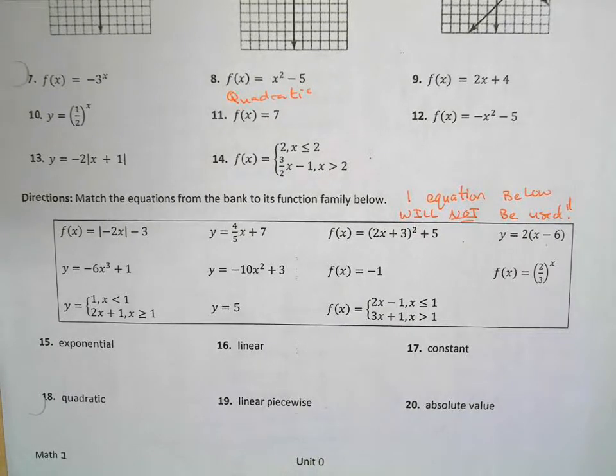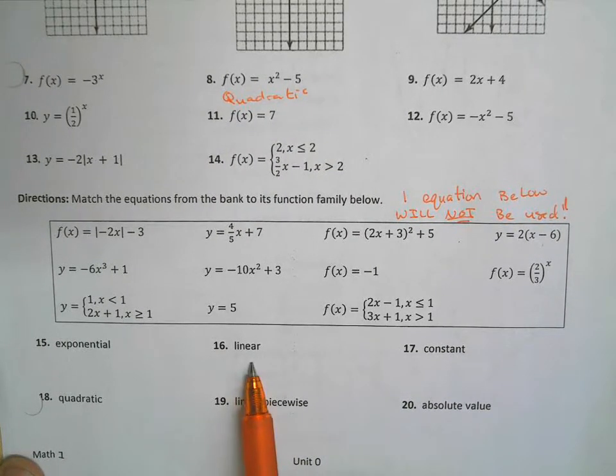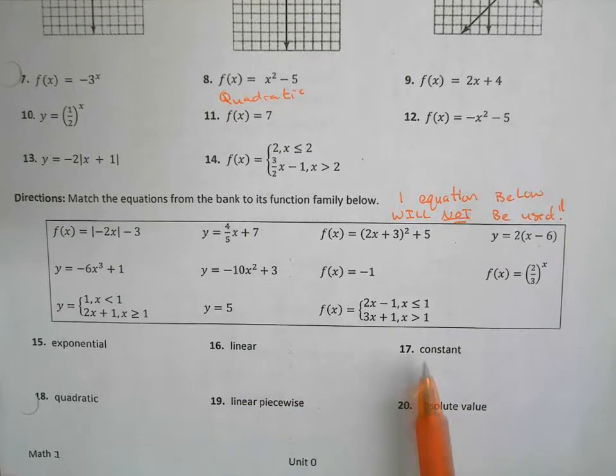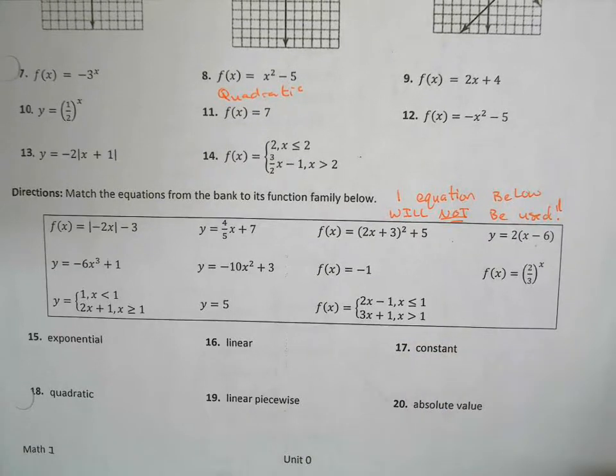So you'll use all of them but one. And so what you'll do is, say I'm looking at linear, I want to find all the ones that are linear and match them up. And there's a difference between linear and constant, so keep those separate. So I'll do constant. That'll help us out. So I'm going to match up all the ones that are constant.